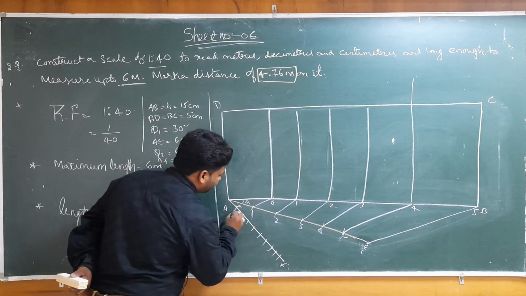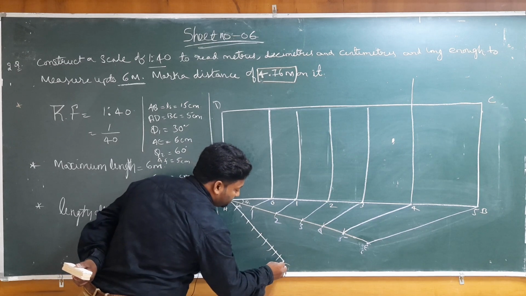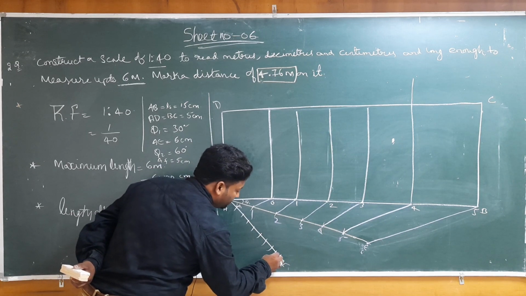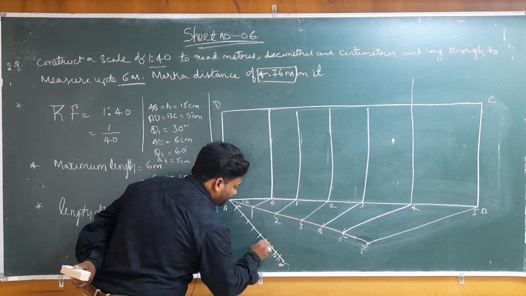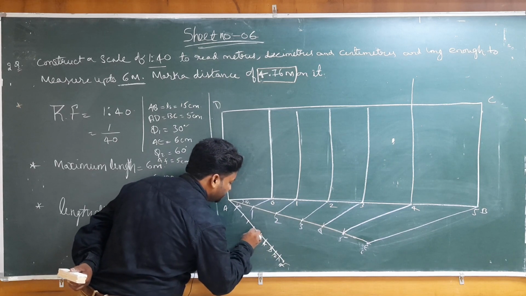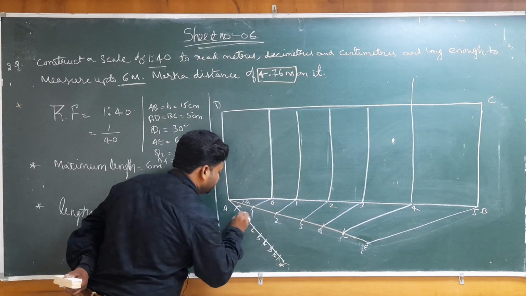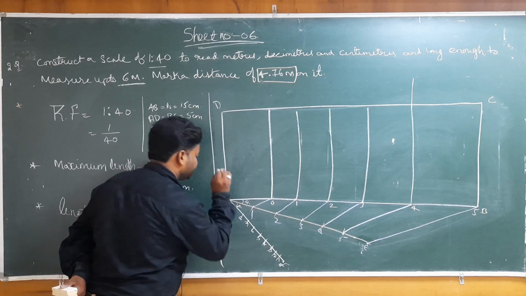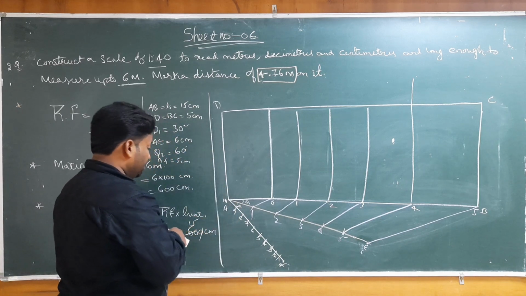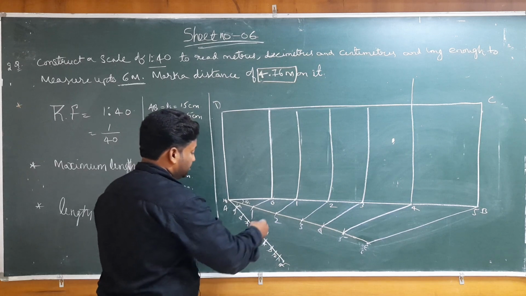Here I will mark this as 0, 1, 2, 3, 4, 5, 6, 7, 8, 9 and 10. After that we have to join 0 to 0.